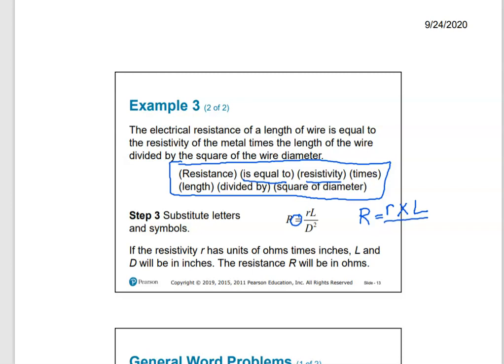And remember, we took the times sign out because we didn't want it to look like an x, so that's why they've got r times L written right beside each other. And it's divided by, so that's why we have the division sign, the square of the diameter, which they're letting D equal diameter, so diameter squared.